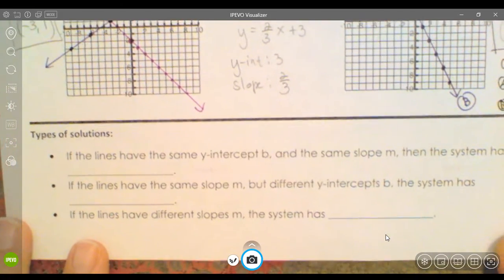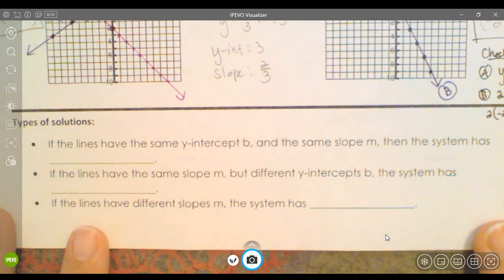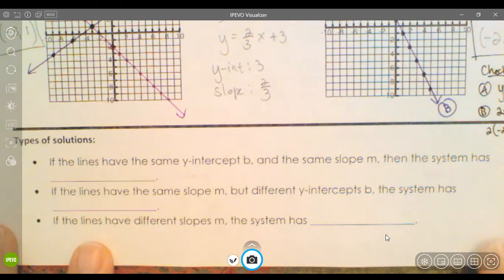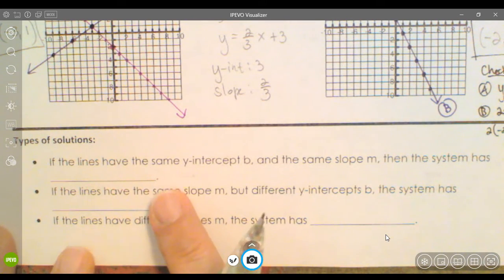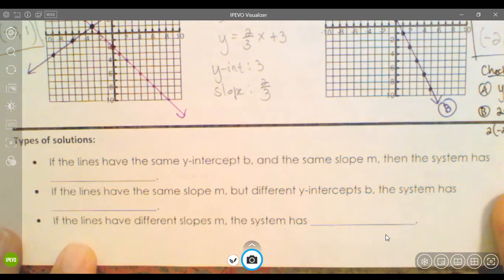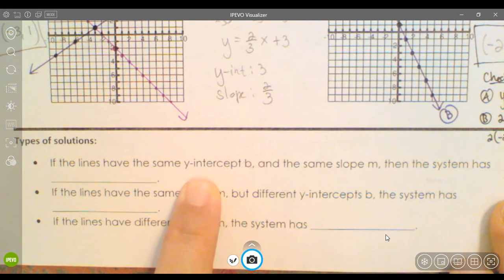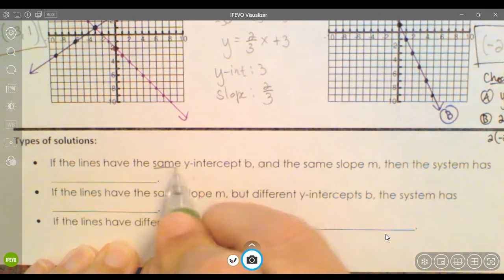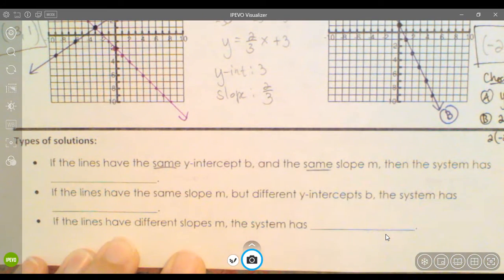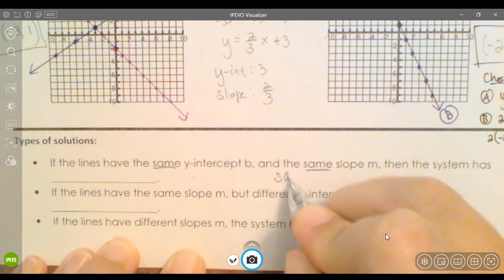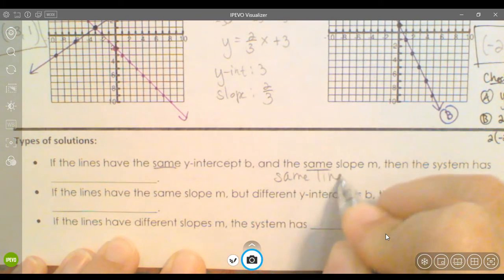Okay, so in review, write your equations in slope-intercept form, graph them, and then look at the lines. Even before you start graphing, there are certain things you can figure out. For example, if the lines have the same y-intercept b and the same slope m, guess what that means? That means they're the same line.